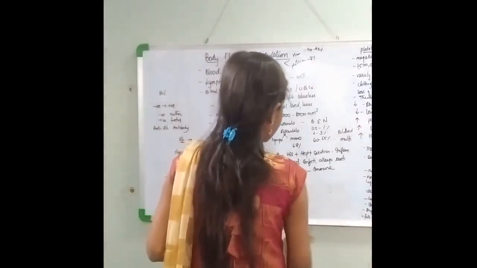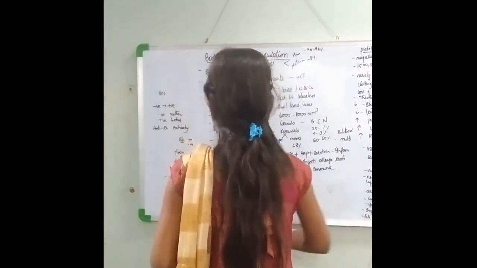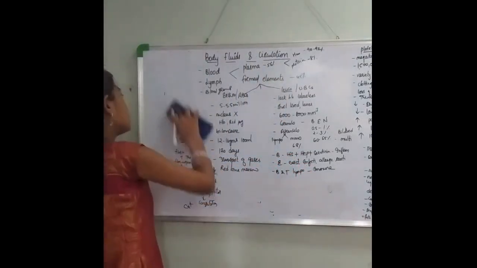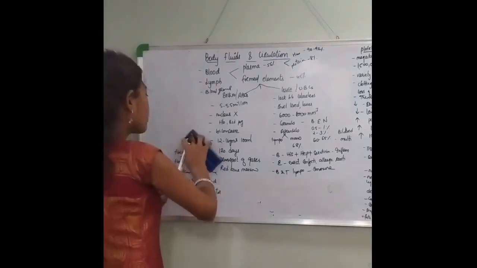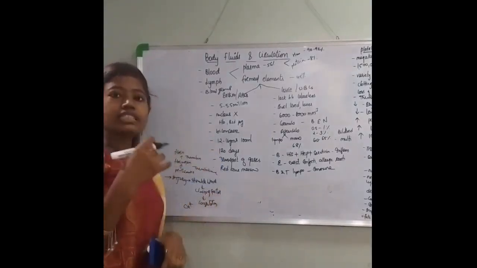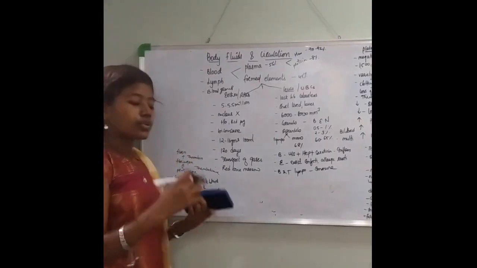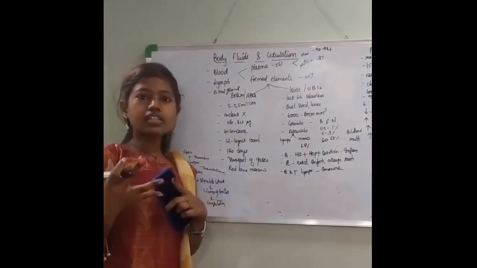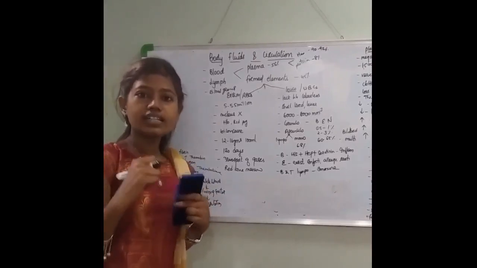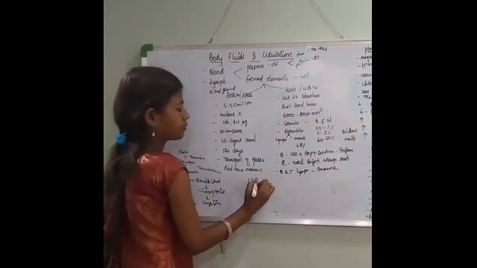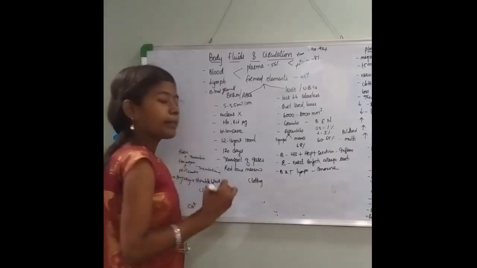Now let's talk about the coagulation of the blood. So what is coagulation of the blood? Now you might have seen that when you cut your finger, you get blood, and after a certain period of time, your blood stops. Why does that blood stop?